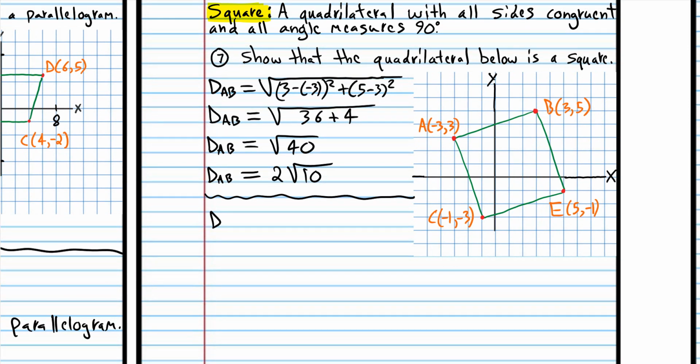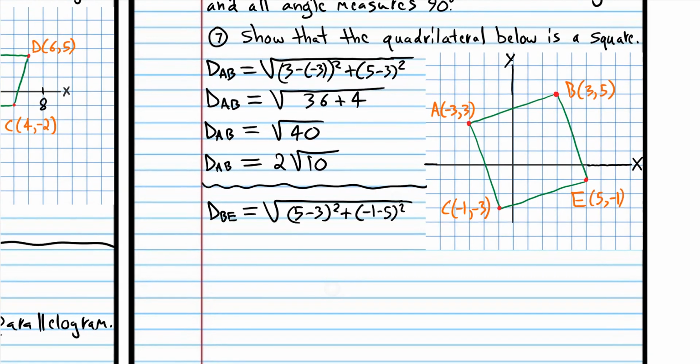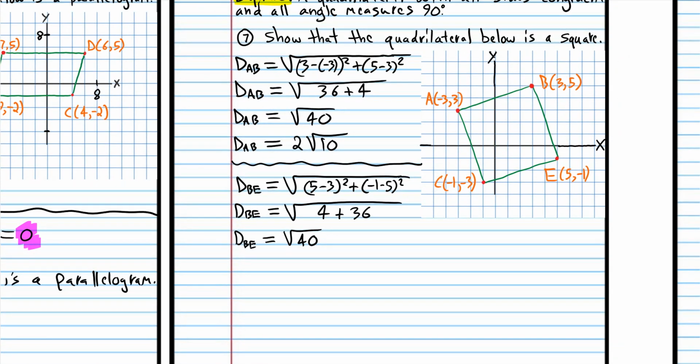Now we're going to find the distance between B and E. It doesn't really matter what order you do this in. Using B as the first point, we have 5 minus 3 squared, and negative 1 minus 5 squared. And again, just rushing forward here, we have 4 plus 36, which is root 40, and we can simplify that to 2 root 10.